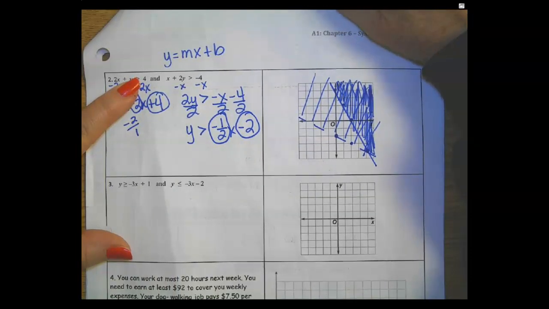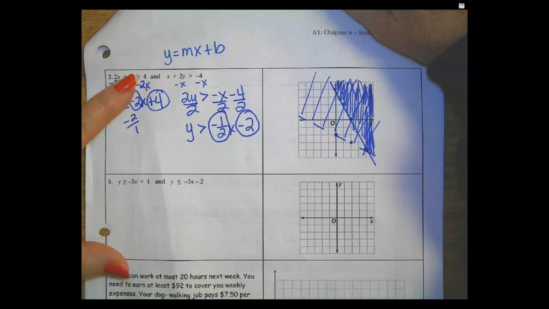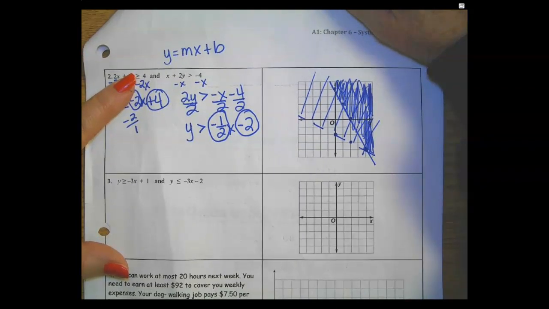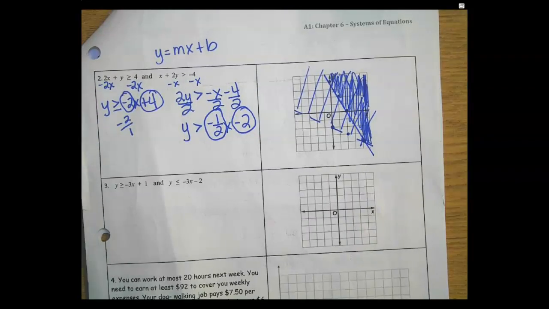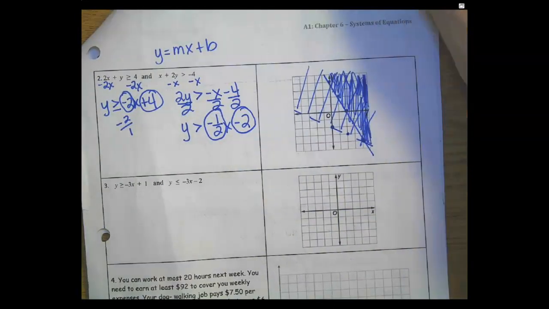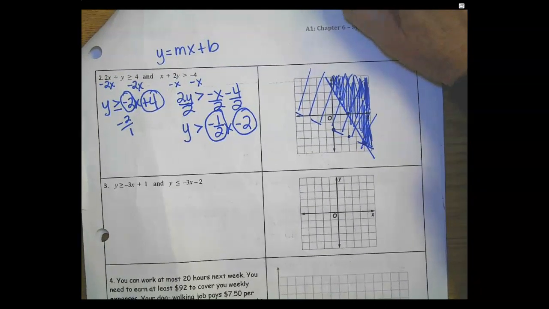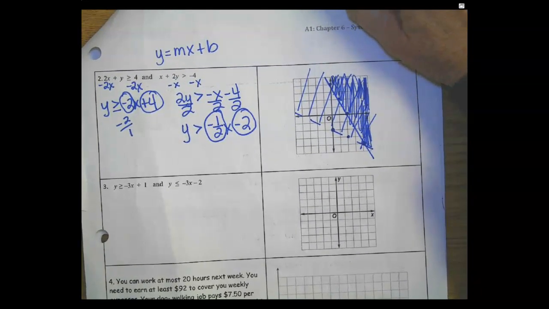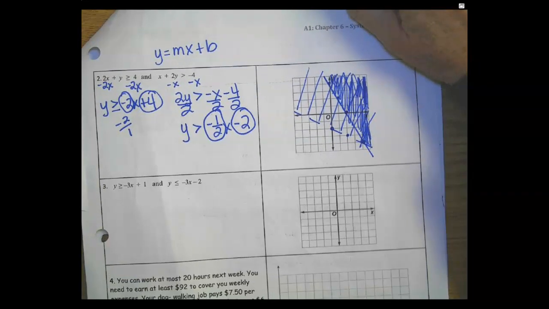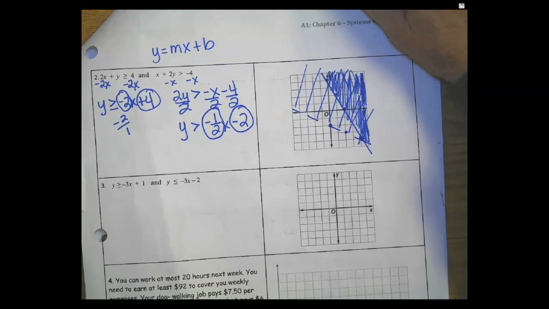I'd like for you to go to Desmos Graphing and punch these two in. When you're punching these in, for the greater than, if you look down on your Desmos graphing calculator, you'll see a little keyboard. If you click on that little keyboard, it'll give you the greater than or equal sign.